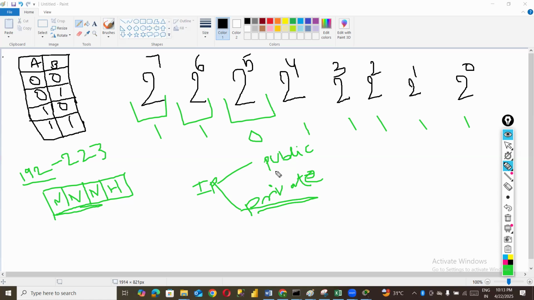Even organizations can take public IPs, but these are chargeable. Private IP you can use freely, but public IP you have to buy. So we use public very little and private much more.